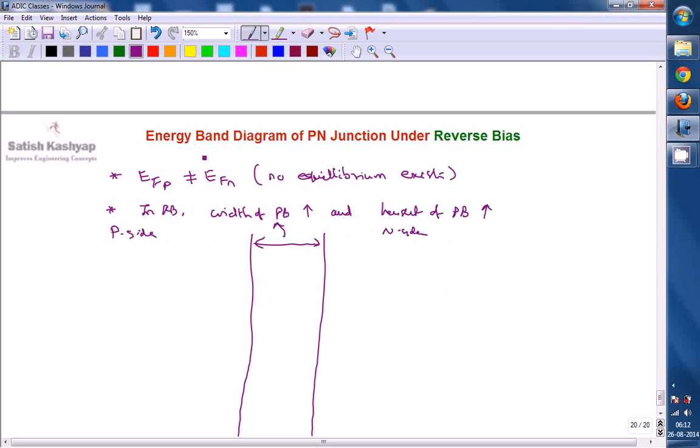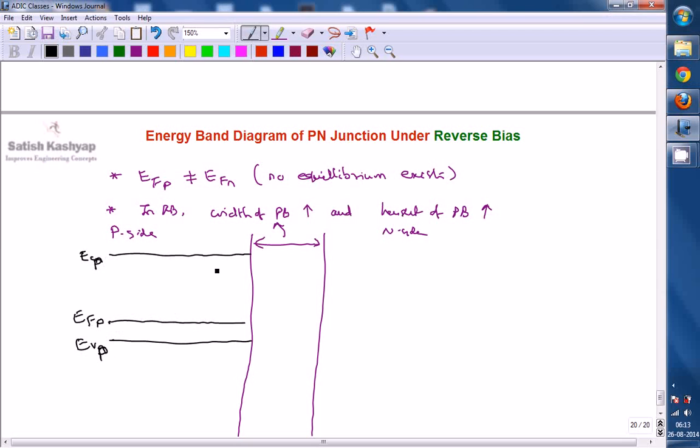So again we are going for the same thing. First of all, we are drawing the conduction band edge, the lowest energy level of conduction band edge, which is indicated as ECN, and if it is this one, at that time definitely the valence band edge will be somewhat below this one, this is ECP, and it is EVP. We are going with p type. Okay, and the Fermi level is going to be more near to valence band edge, so this will be EFP.